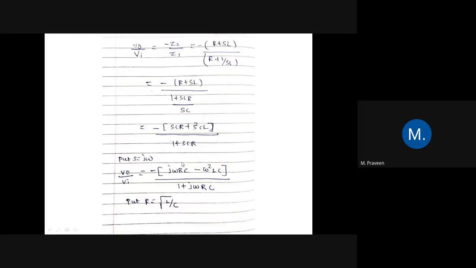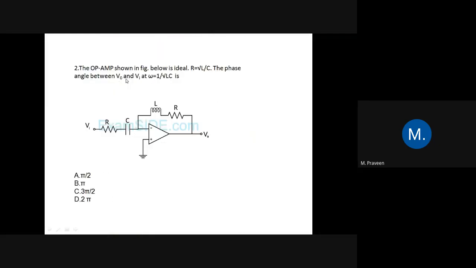Now we find the phase angle of V naught divided by VA, using the formula tan inverse of Y by X. In the numerator, Y is the J term and X is the real term, and similarly for the denominator. For the numerator we get tan inverse of minus 1 by 1, and since it is in the denominator, minus tan inverse of 1 by 1.